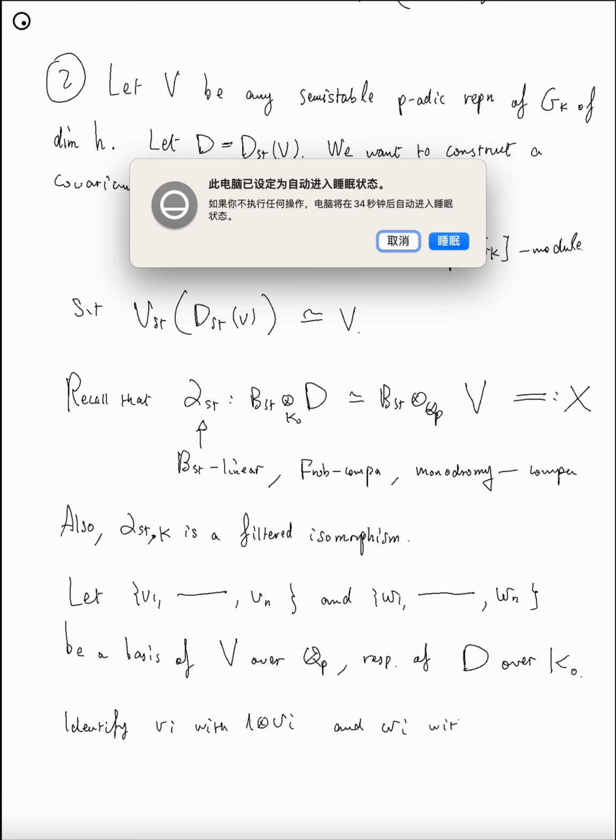Correspondingly, omega_i with 1 tensor omega_i, then they are both bases of X over B_ST, coming from different isomorphisms.